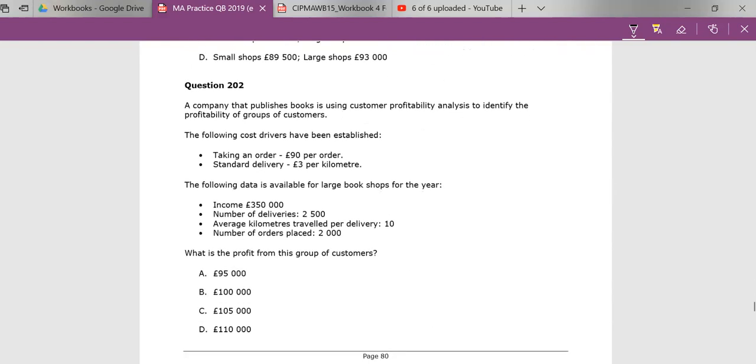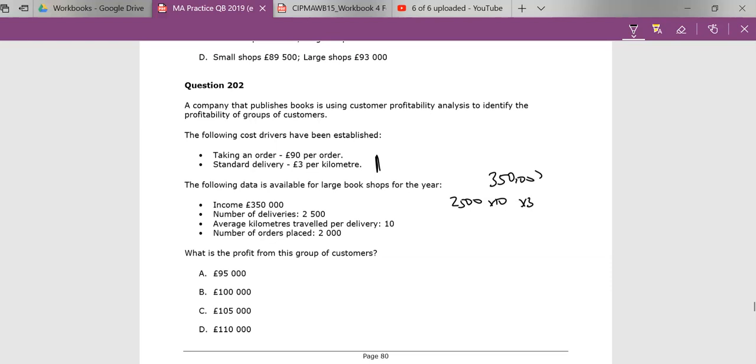Okay, let's look at 202. Pretty much the same thing; the principle is the same. We know what the overhead absorption rates are, that's given to us. For this group of customers, we have revenue of 350,000. The number of deliveries is 250, at 10 kilometers for each delivery and £3 per kilometer.